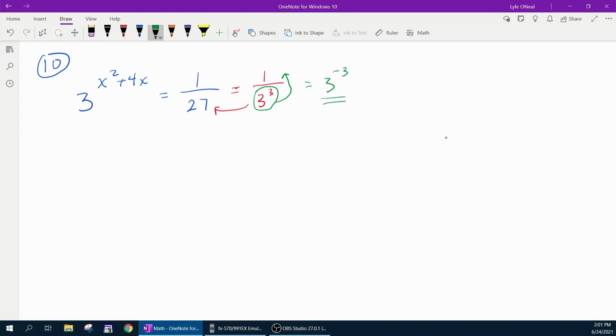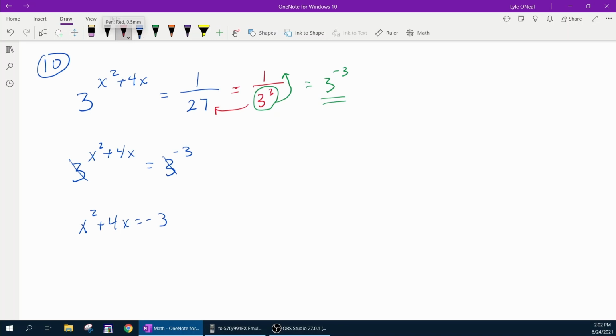And this is where we want to be. So we can now rewrite the equation as 3 to the x squared plus 4x equals 3 to the negative 3. At this point, we can see the bases match, so they cancel, and the exponents are going to be set equal.